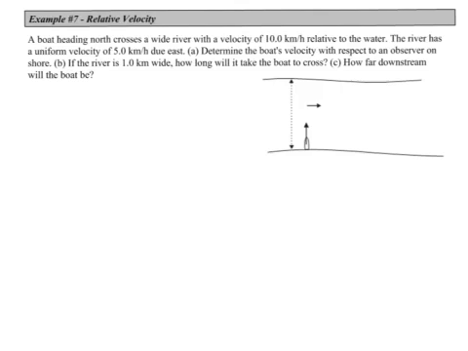Okay, so let's analyze this a little bit, right? If you're on this boat, first, you're moving, you've got a velocity this direction. As far as you're concerned, you're going straight across the river. The river is also flowing under you at 5 kilometers an hour. So you're going at 10 kilometers an hour, and the river is flowing at 5 kilometers an hour.